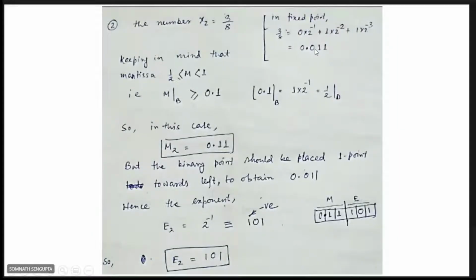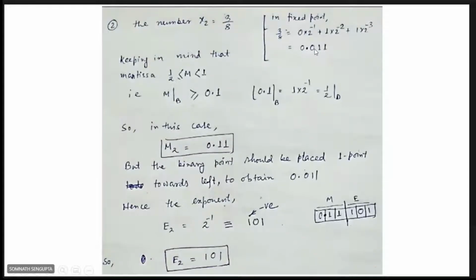So you take the mantissa as 0.11, and to make it 0.011 you have to shift the binary point left by 1 digit.